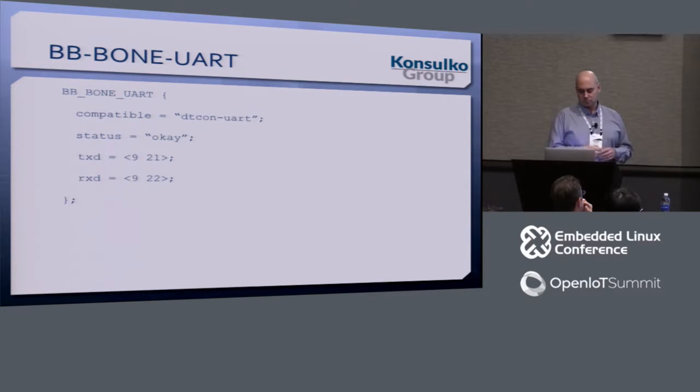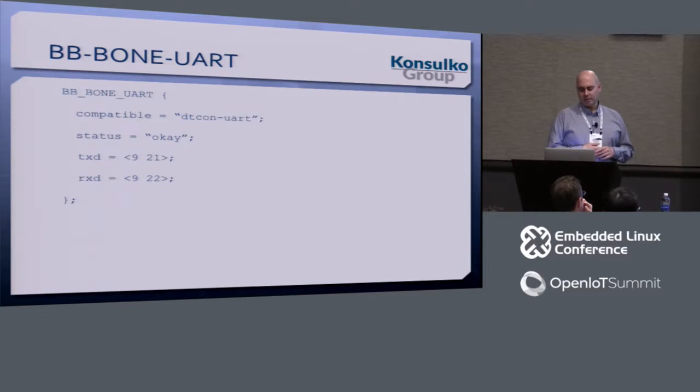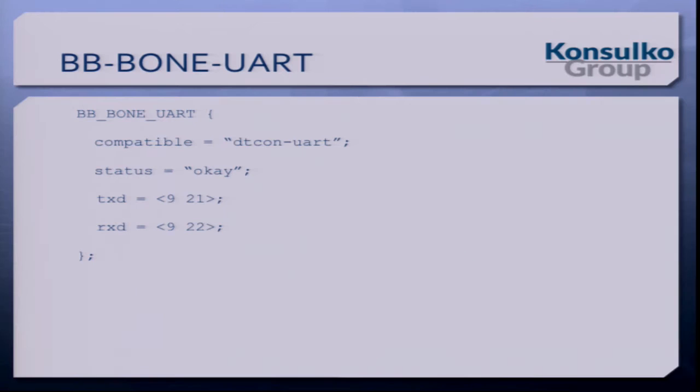So that's an example of a real expansion board called BeagleBone UART, which simply configures 2 pins on the connector to be a UART without flow control or any other external pin.